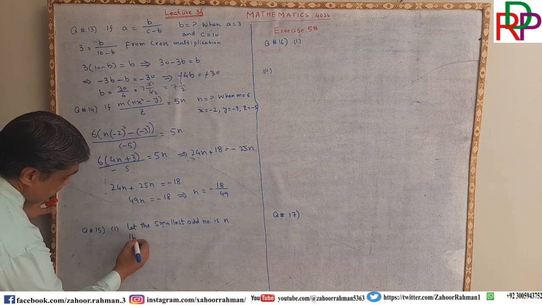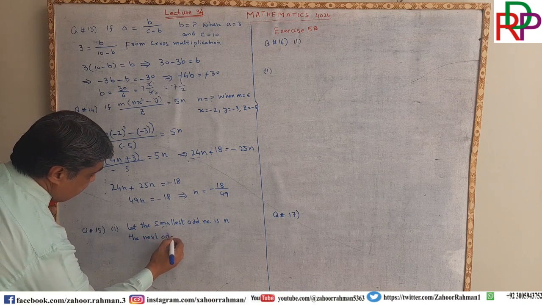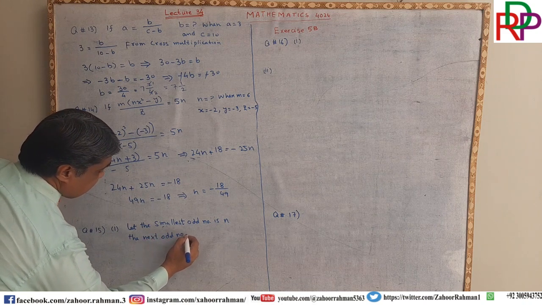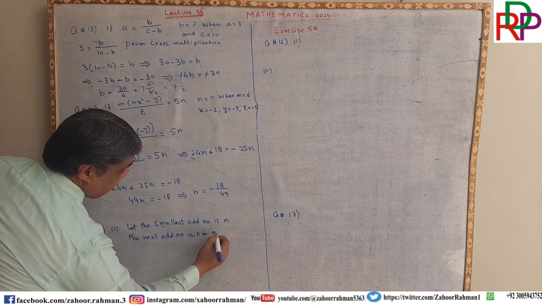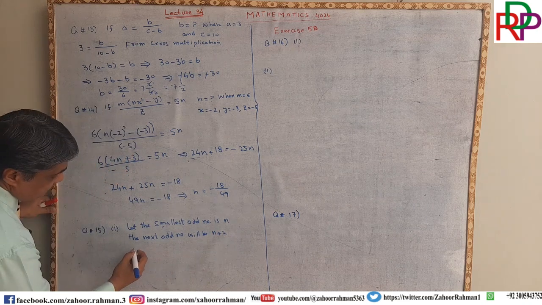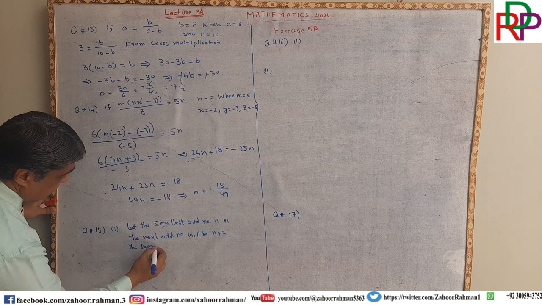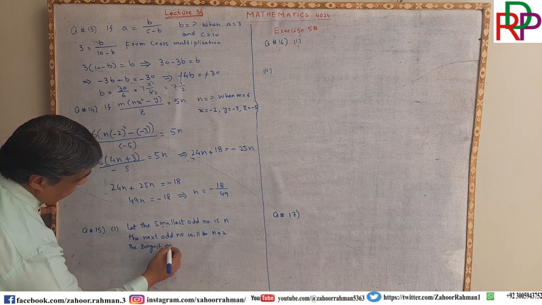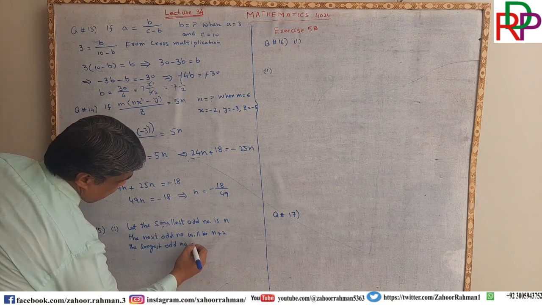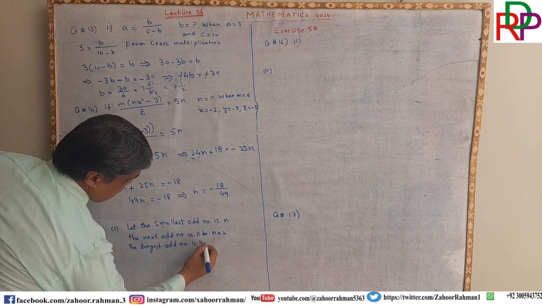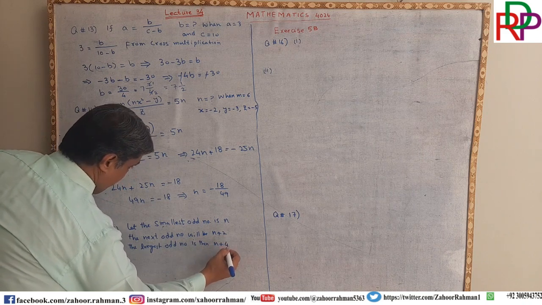The next odd number will be n plus 2. The largest odd number is then n plus 4.